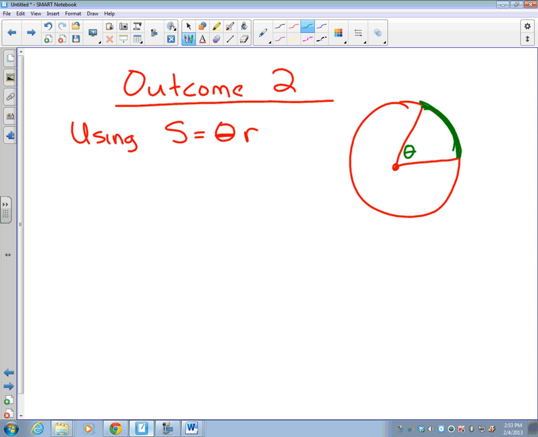Theta is a Greek letter that we use to represent an angle. Usually in math, when we ask you to solve for a number, then we call it x or n, something like that. But when we're asking you to solve for an angle, then we give it Greek letters like theta or alpha. So it represents the unknown angle in this case.